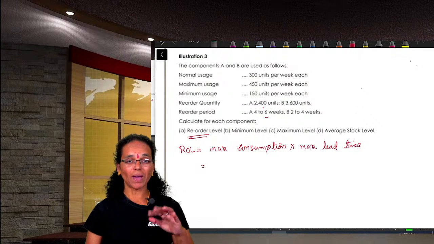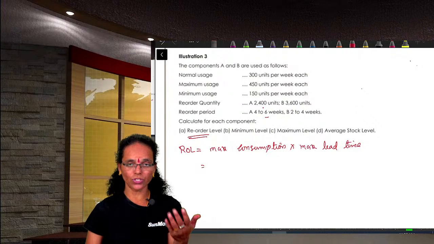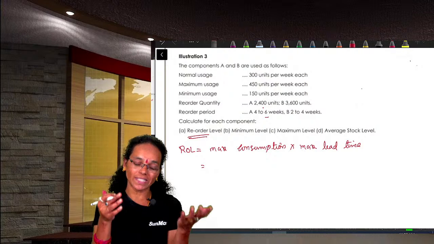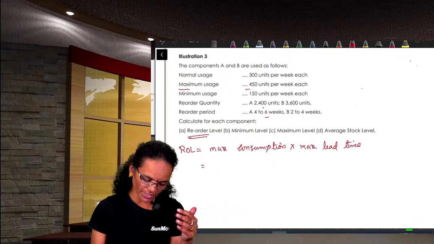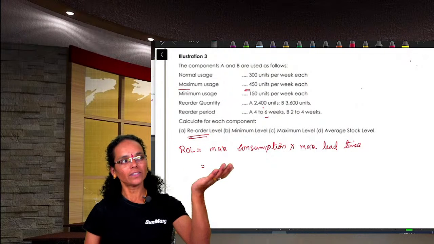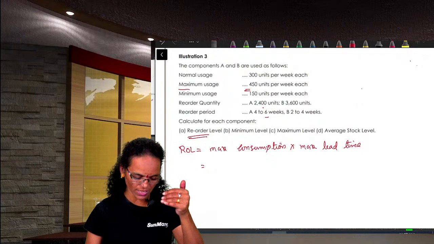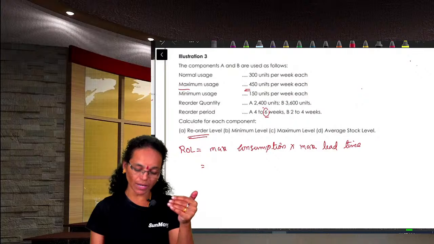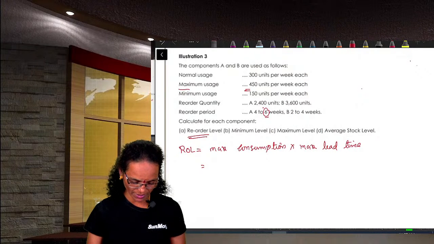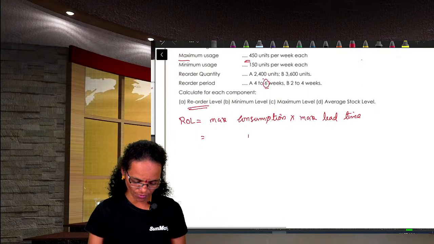Maximum consumption means we assume we will be consuming at the maximum level, and the vendor who is supplying the goods will take the maximum time to deliver the goods. So we will write like this for A and for B.